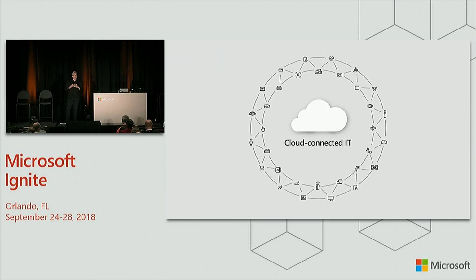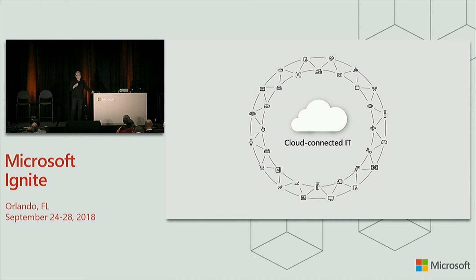Microsoft's vision, and one of our major guiding principles, and you've probably heard a lot about this over the last couple of days, is to connect existing infrastructure into the cloud and to start benefiting from that knowledge and the intelligence that's there. Connecting existing infrastructure gives you what we refer to as cloud-connected IT.